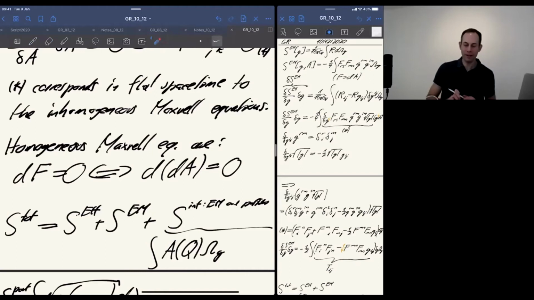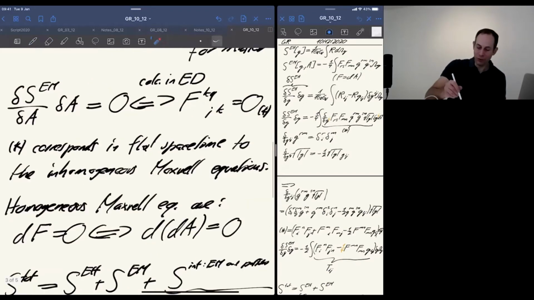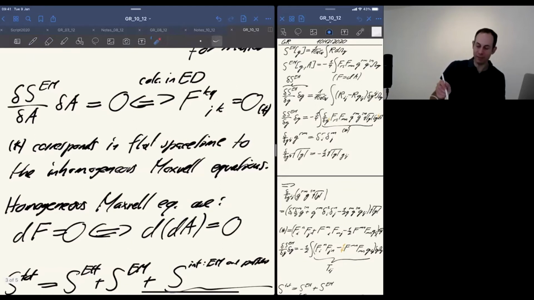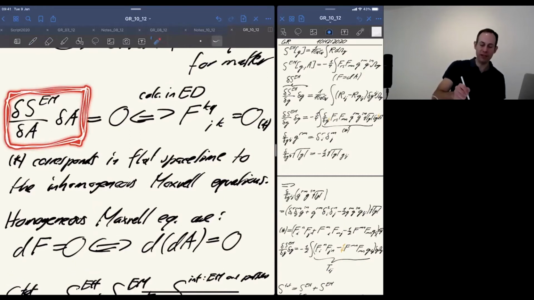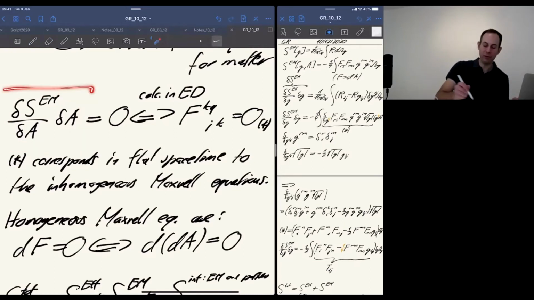Yes, this is a good question. Maybe I was here a bit too quick, moving directly to flat spacetime. So you're essentially referring to, for example, if I take the electromagnetic action and derive it with respect to A, this should give an equation of motion.